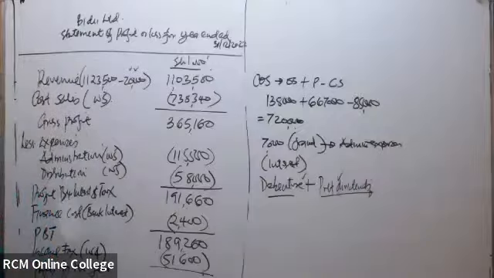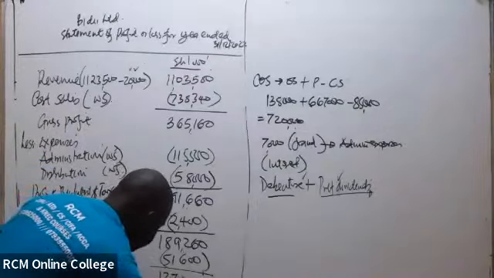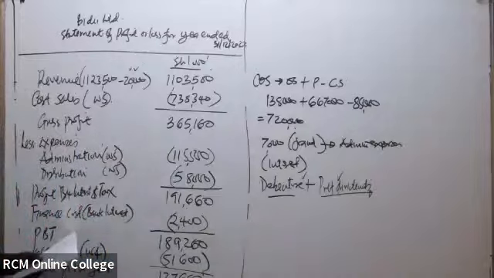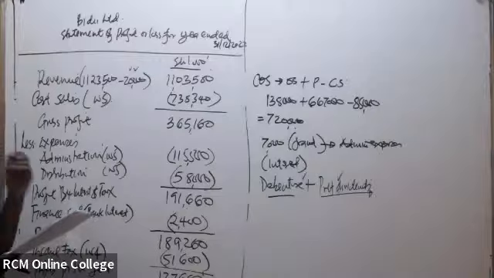The profit for the year comes to 137,660. That is the profit realized for the year.